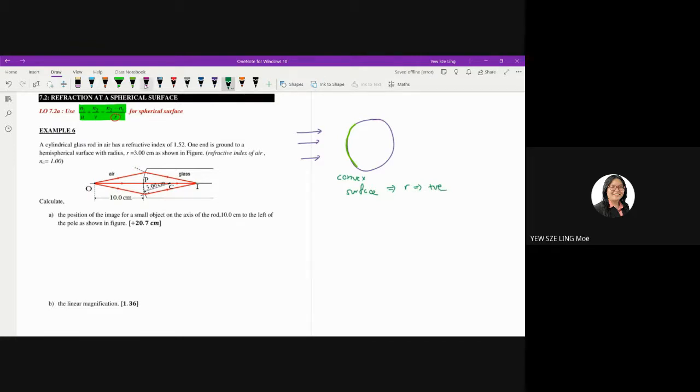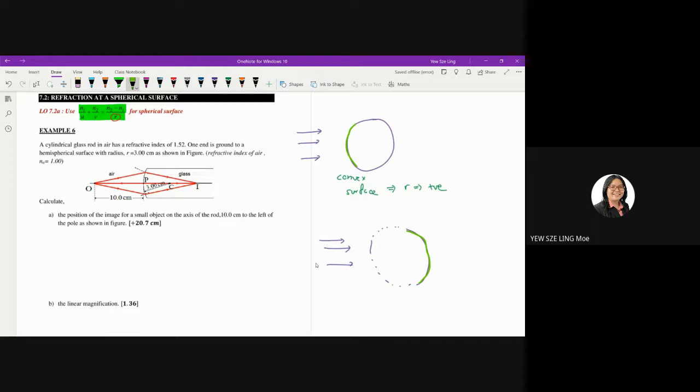Now let's say you have a light ray coming from the left-hand side again, but this time it hits the inner surface of the circle. How do I know that it is the inner surface? If you are given a curve and you try to complete the circle, you will see that the light ray is actually hitting the inner part of the circle.